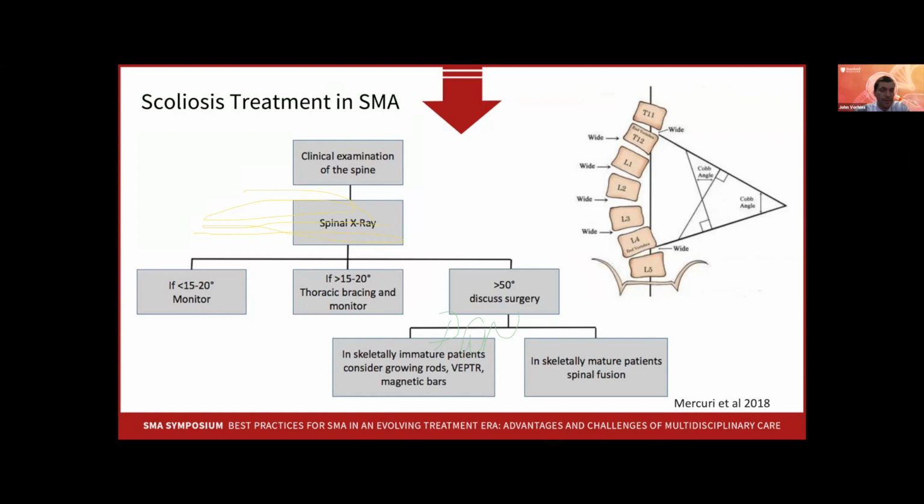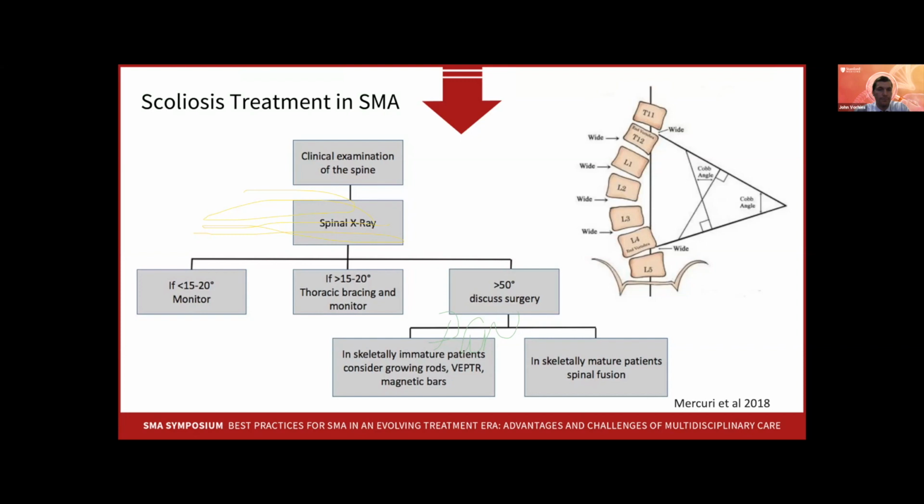And then above 50 degrees, we typically are talking about surgery for this patient population. And the 50-degree threshold is somewhat borrowed from other types of scoliosis, where we know that this is where gravity causes the curve to really take off. And then we're also seeing some evidence that this might be an area where pulmonary function is really affected too.